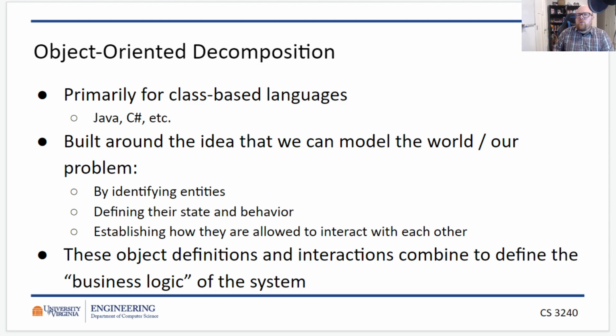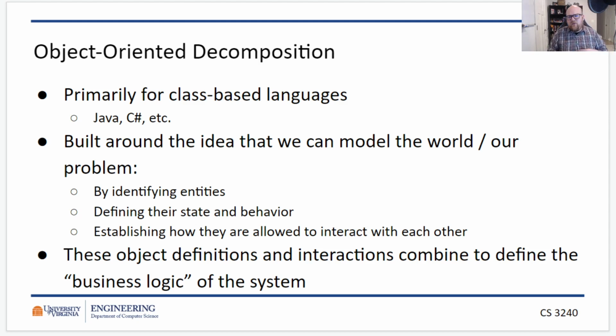And it's built around the idea that we can model our problem by identifying entities, identifying what state defines the current parameters of the entities, and what behaviors those entities have interacting with each other. And we often use this to help us define the business logic of the system.